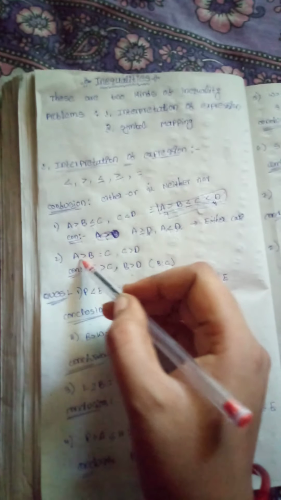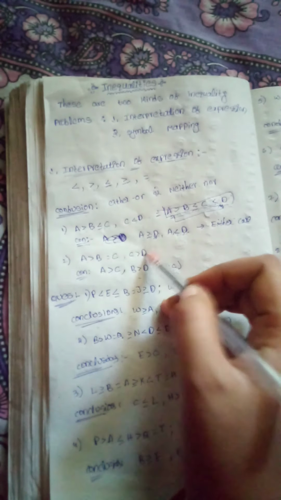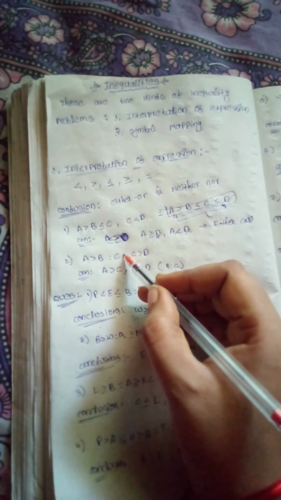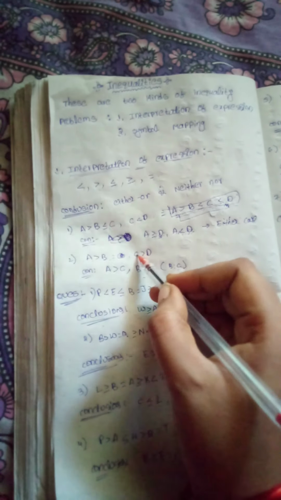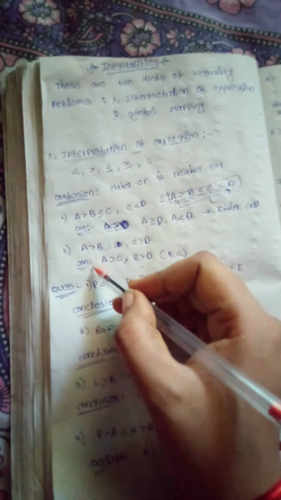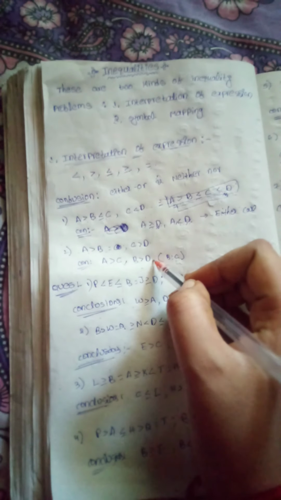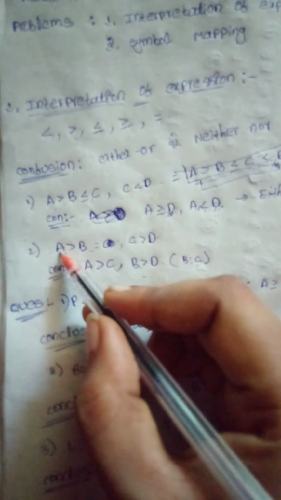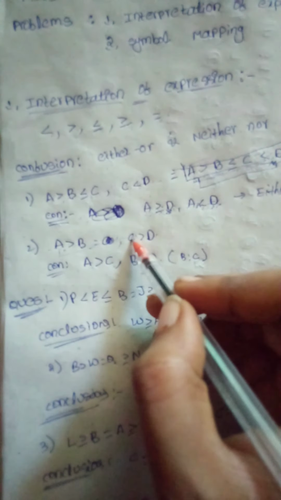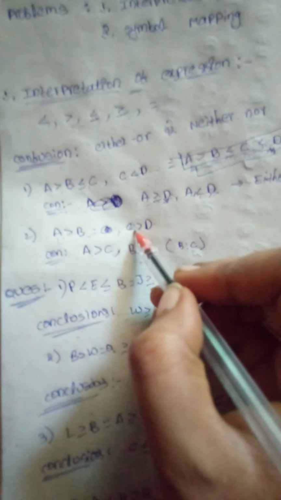And next, go to the second one. Suppose the expression is a greater than b, b is equal to c, and c greater than d. Write it in one equation: a greater than b equal to c greater than d. The given conclusions are a greater than c and b greater than d. We clearly say that a is greater than c, since b is equal to c is given in this expression.